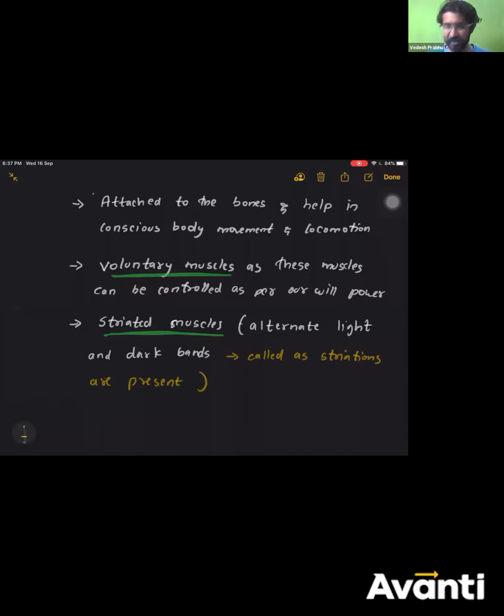So that is the name, striated muscles. Very good. Now we learned only about the names, but we have to know about the structure.